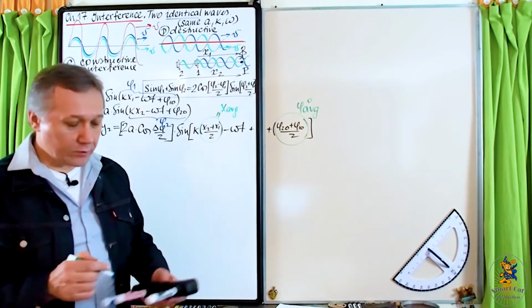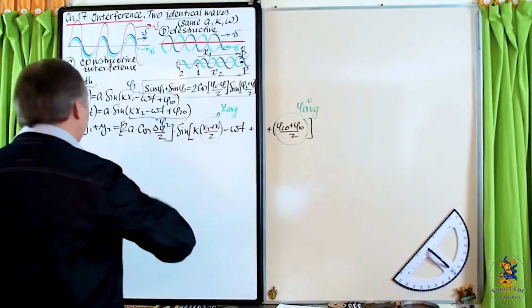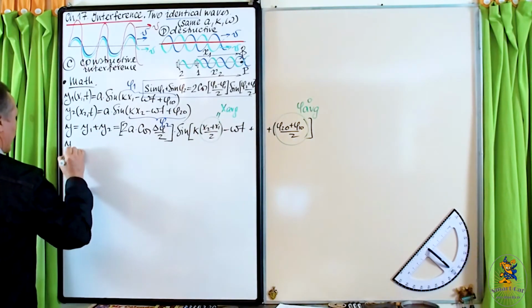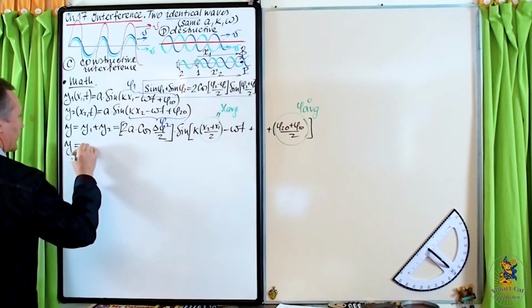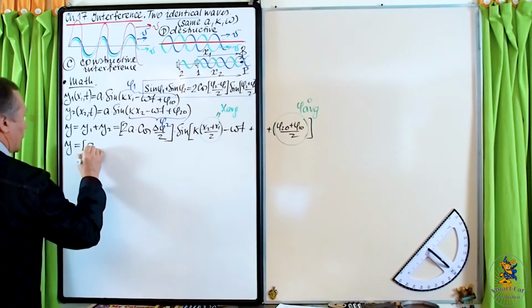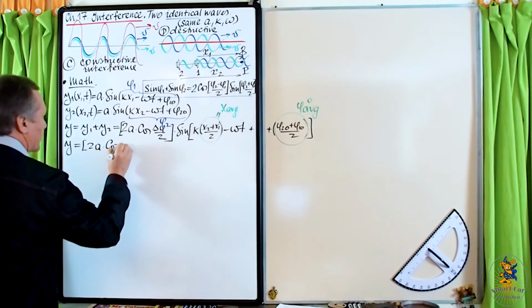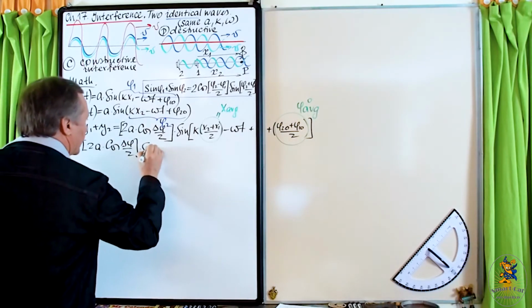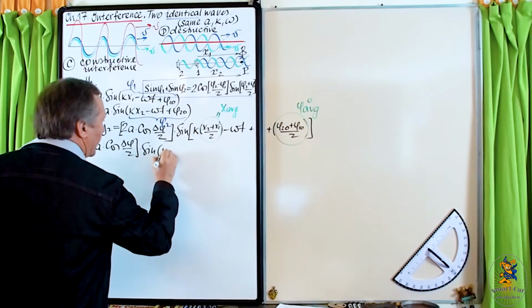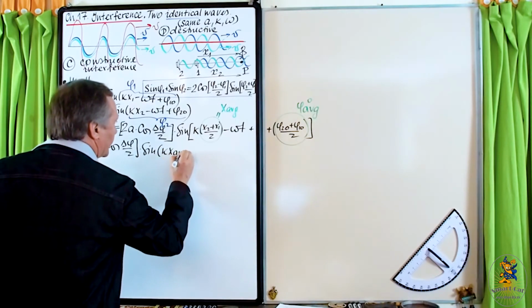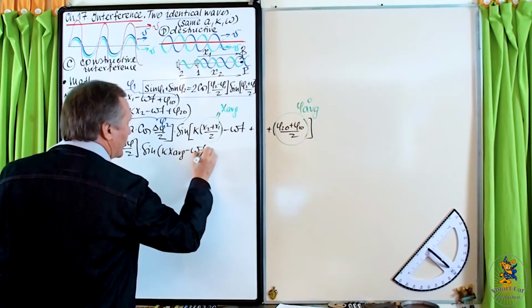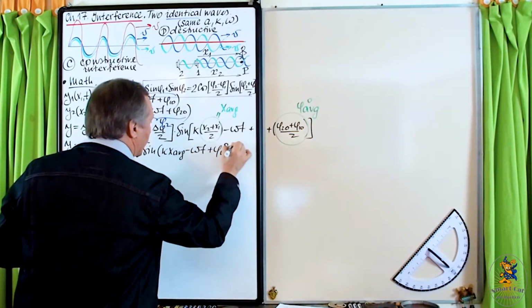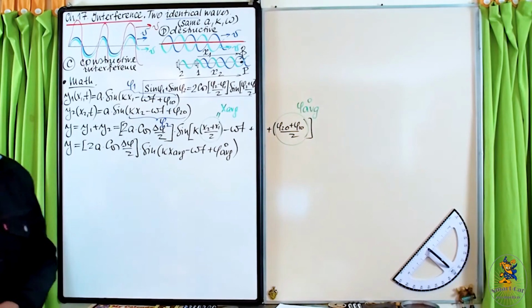Okay, so now with these notations, let me rewrite our resultant wave. Y equals 2a cosine delta phi over 2, and then sine of k x average minus omega t plus phi average 0. Okay, so that's the net wave. That's the resultant wave.